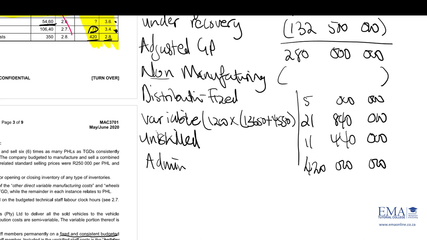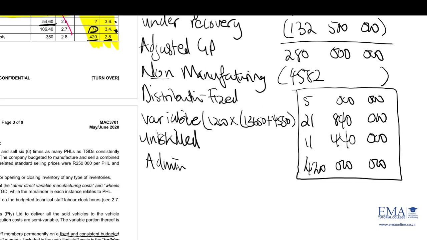Okay, so we have to add these amounts together so that we can get our total for the non-manufacturing, which becomes 458,280,000.